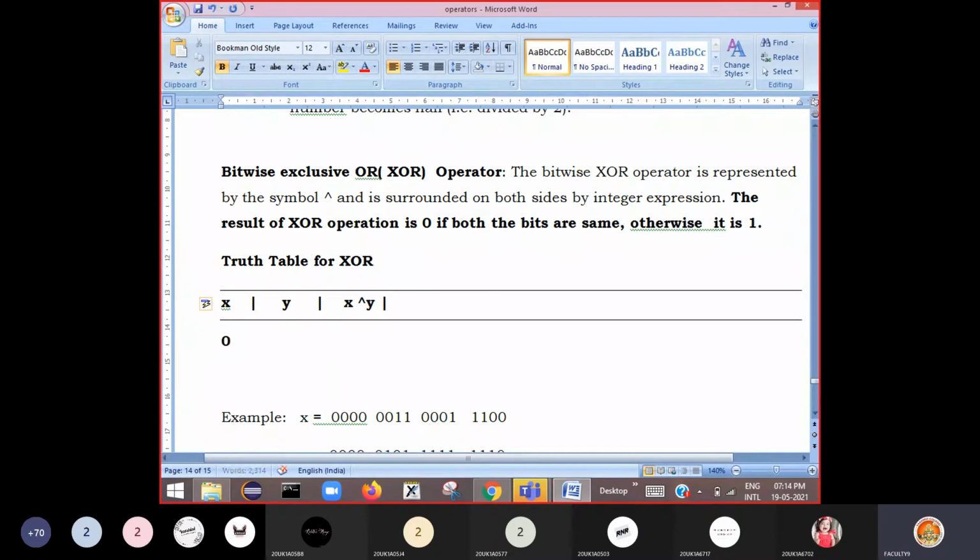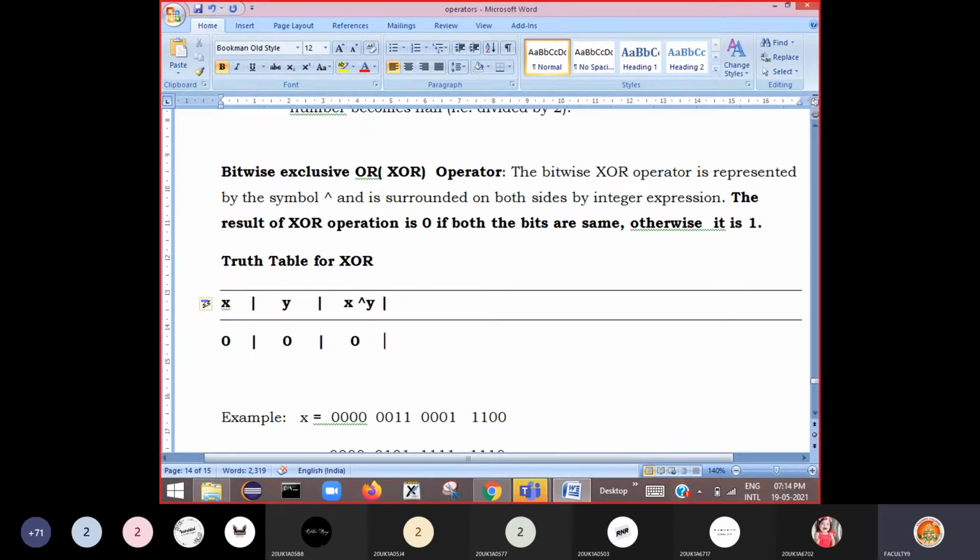First, X is 0 and Y is also 0. Then X exclusive OR Y: both the bits are the same here, so the result will be 0.